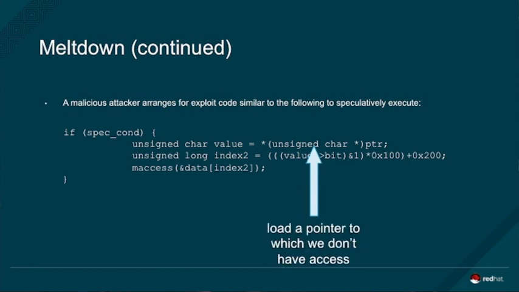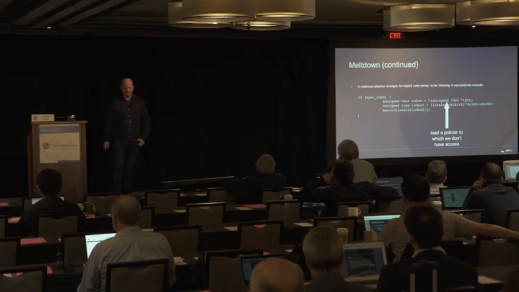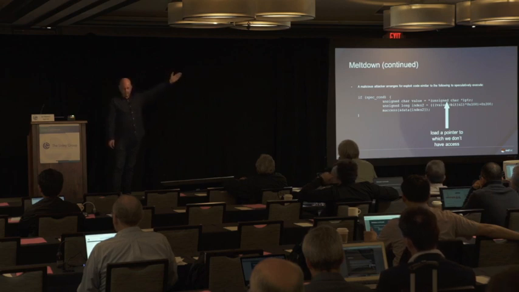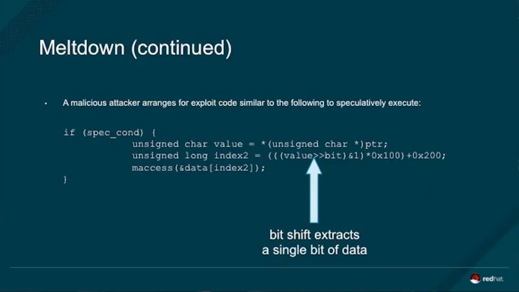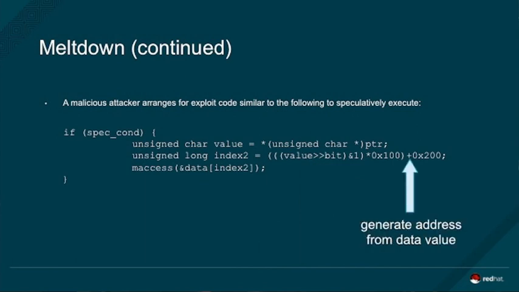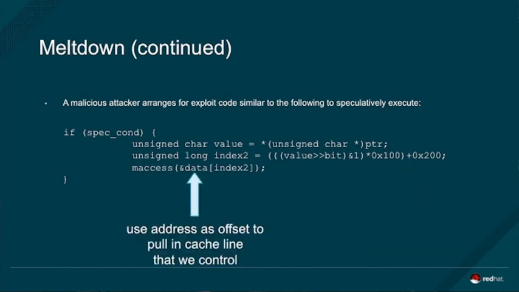What should happen is, the moment I try to access this memory address, because, for example, it's a kernel memory address, something I don't have access to, that should not be allowed. I should get some kind of exception. I should get an error condition. My program should terminate. But what actually happens in Meltdown-vulnerable designs is that we continue to speculate ahead, and we catch this exception later.